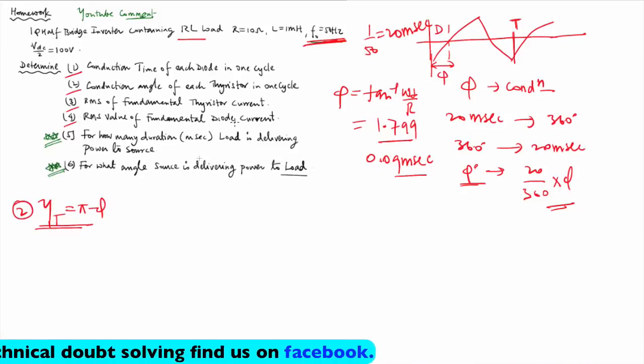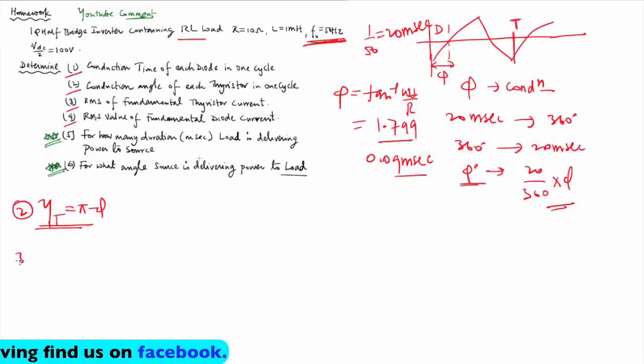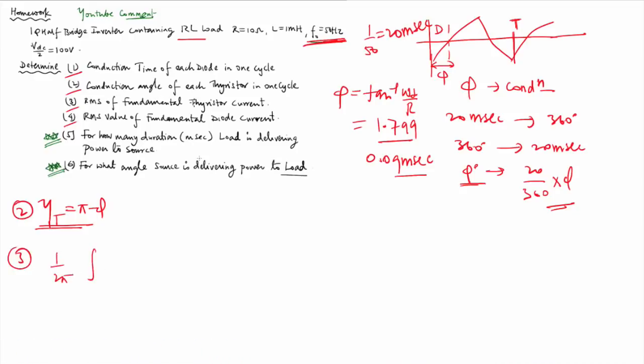Similarly, RMS value of fundamental thyristor current I can find by integrating: 1 upon 2 pi, and from where to where do I get the thyristor current, from phi to pi, of I01 max sin(omega naught t minus phi 1) whole square into d omega t.